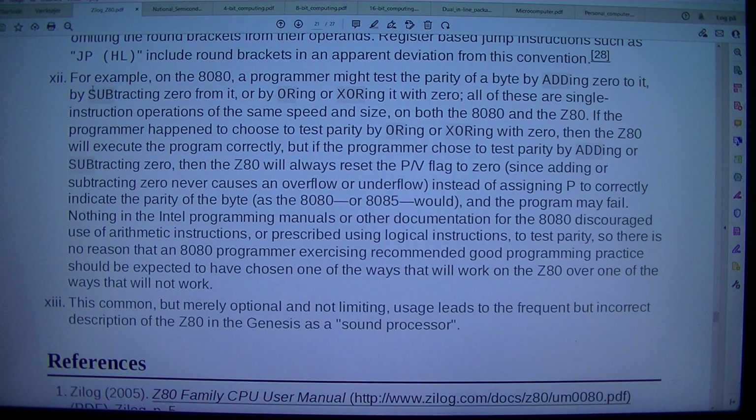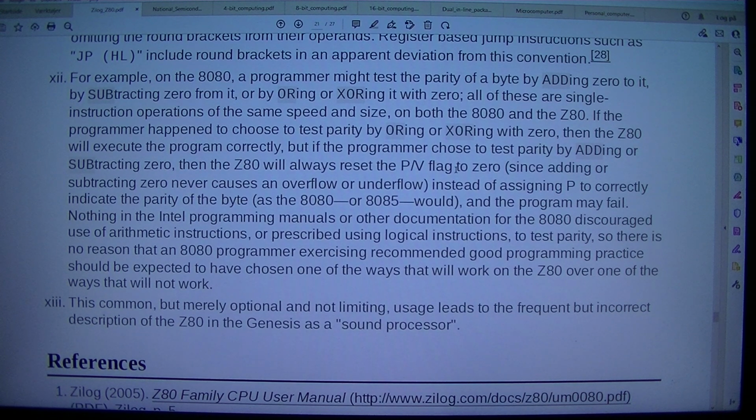12. For example, on the 8080, a programmer might test the parity of a byte by adding 0 to it, by subtracting 0 from it, or by ORing or XORing it with 0. All of these are single instruction operations of the same speed and size, on both the 8080 and the Z80. If the programmer happened to choose to test parity by ORing or XORing with 0, then the Z80 will execute the program correctly.